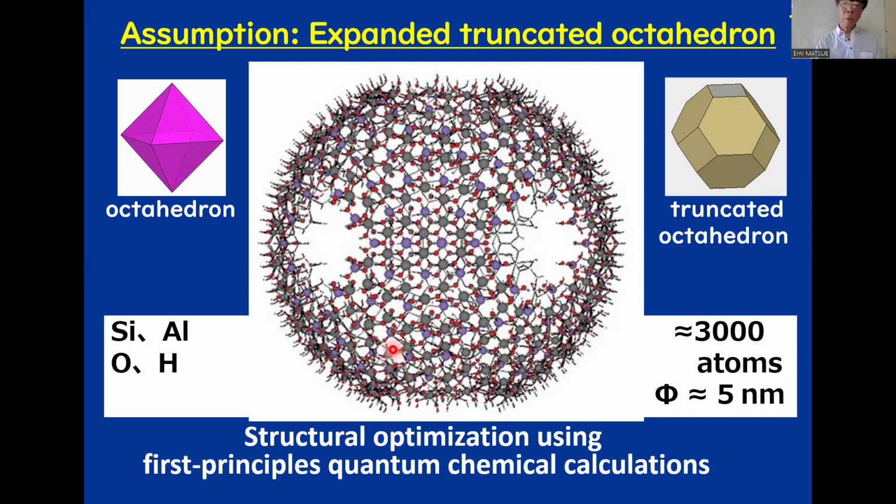I input into the computer about 3,000 atoms, consisting of silicon, aluminum, oxygen, hydrogen. And the whole structure was optimized by quantum chemical calculations using a supercomputer. So this is the whole structure of allophane. At the pole, SiOH and AlOH are exposed.